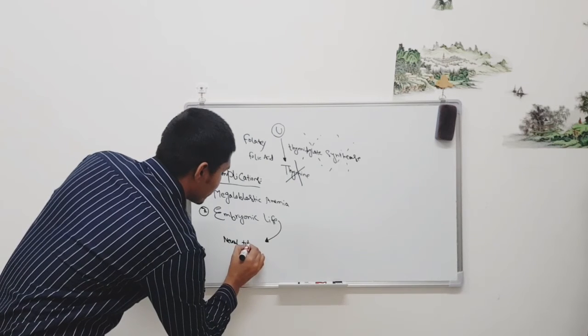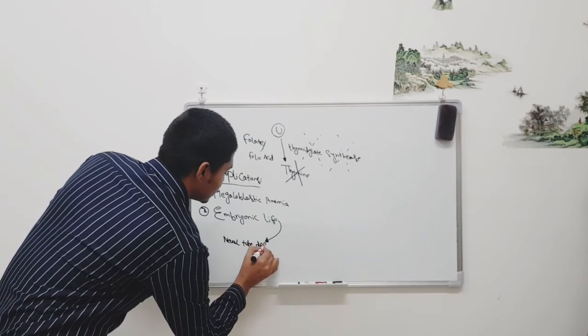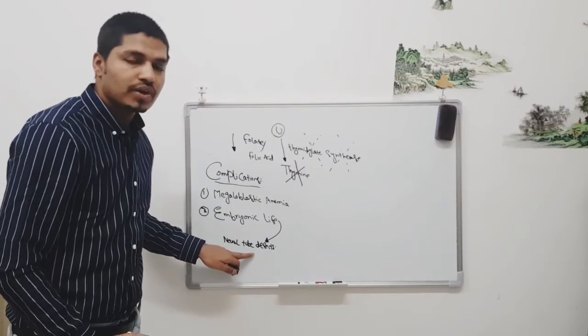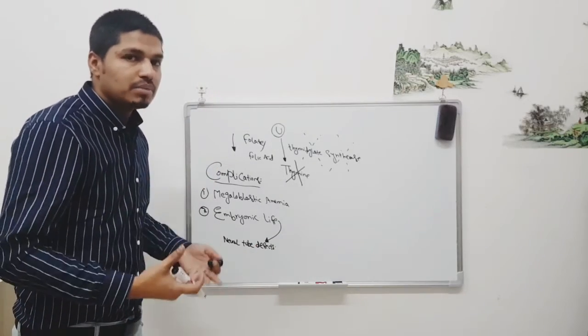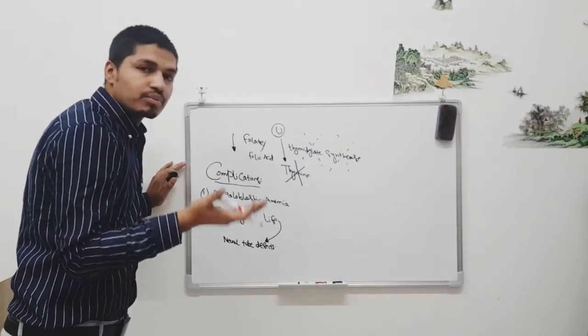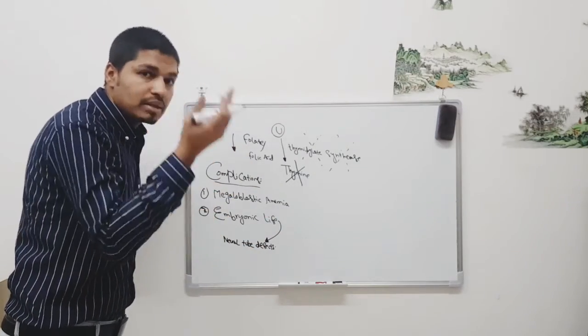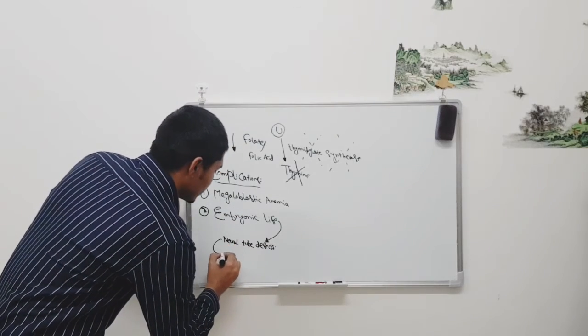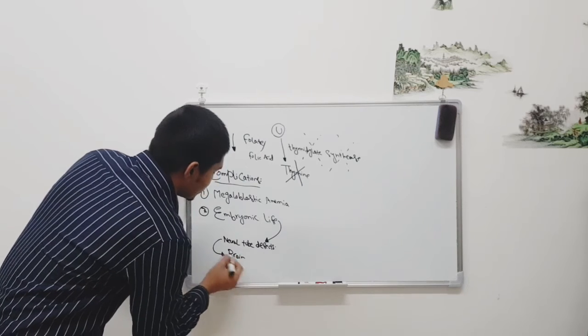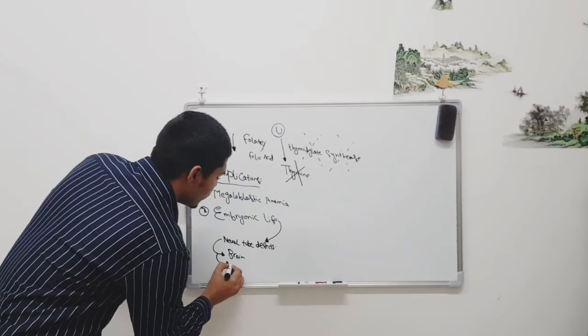What do neural tube defects mean? The baby can get problems in the development of the brain or the spinal cord.